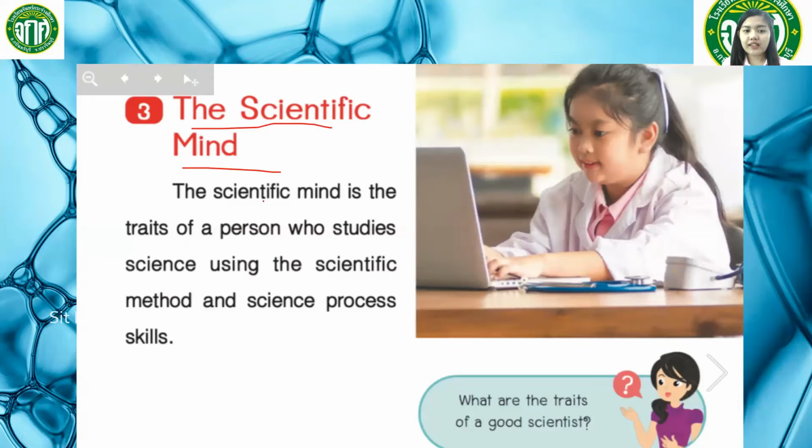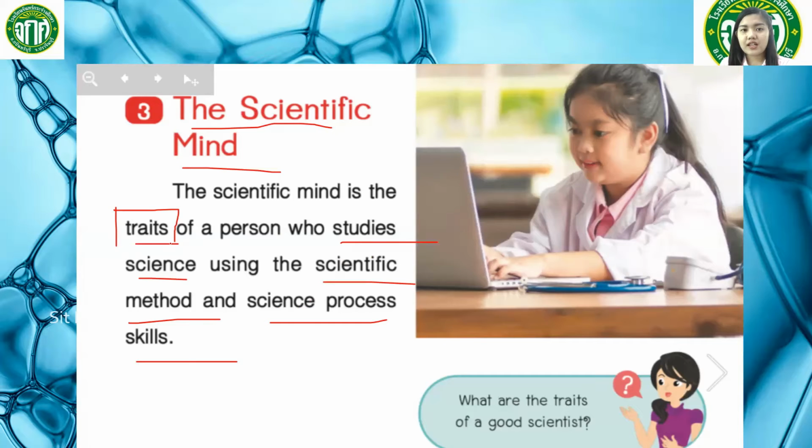So our topic for today is the scientific mind. The scientific mind is the traits of a person who studies science using the scientific method and science process skills. Again, these are the characters of a person who studies science using the scientific method and scientific process.